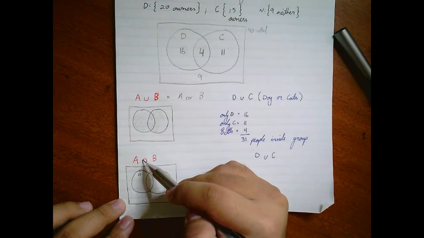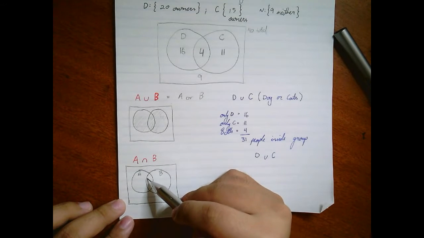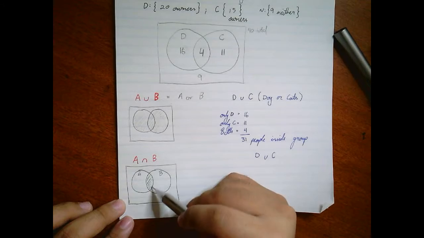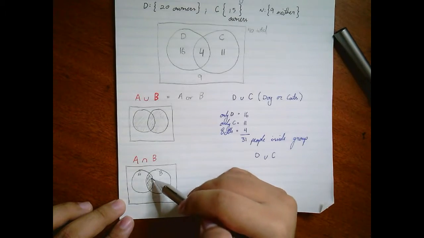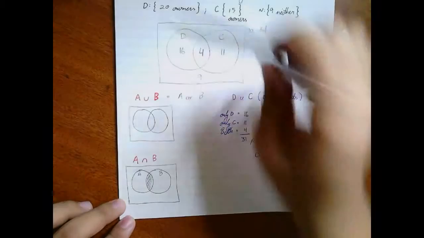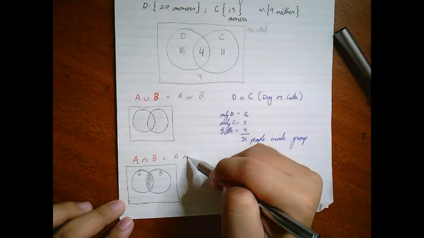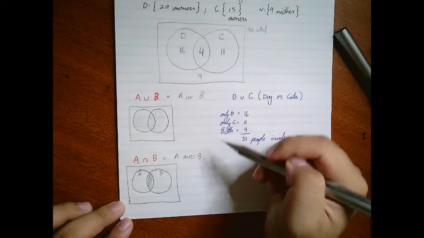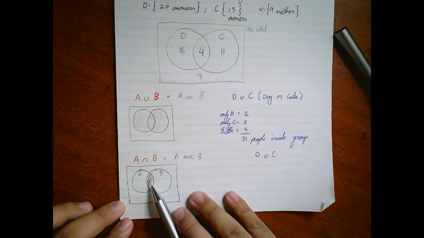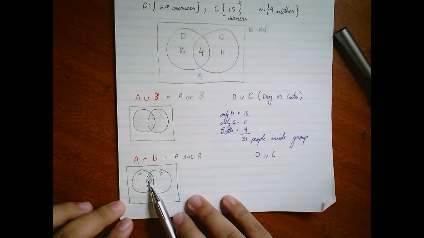A intersect B would be that region there, only where they intersect. In words, it's A and B.